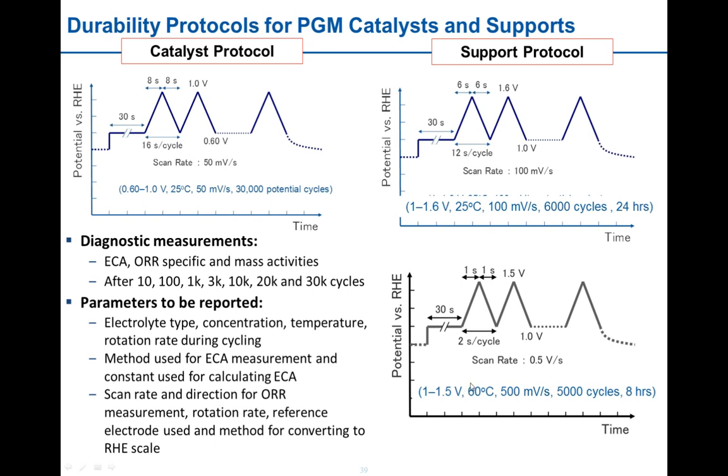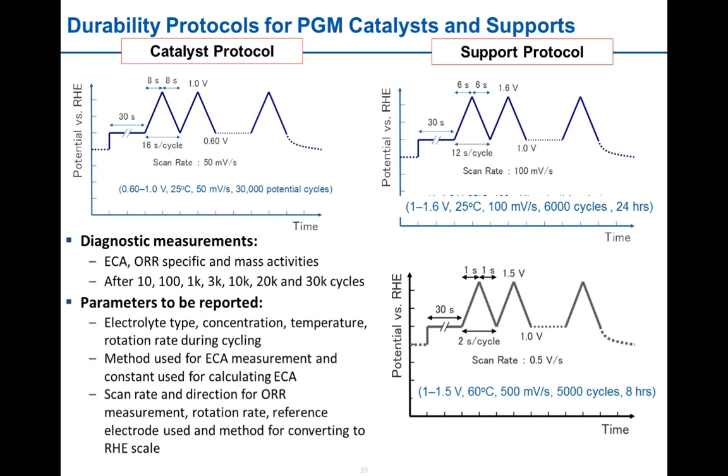However, if you can elevate the temperature of your RDE, we recommend the protocol on the bottom right, which is a 1 to 1.5 volt triangle wave at a faster scan rate. So the faster scan rate and the higher temperature accelerate the degradation. So in this case, we recommend 5,000 cycles rather than 6,000.